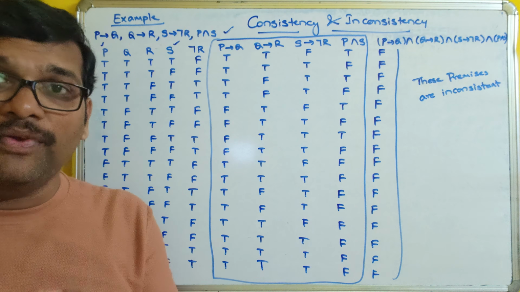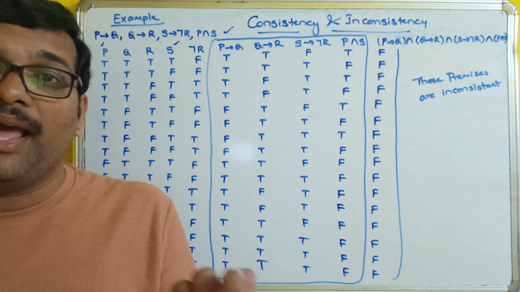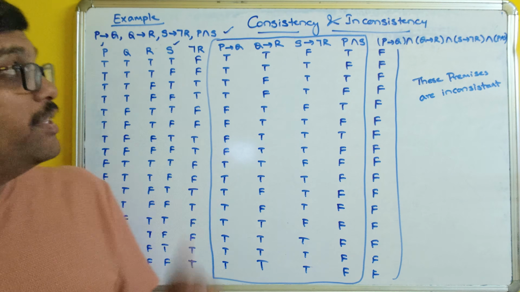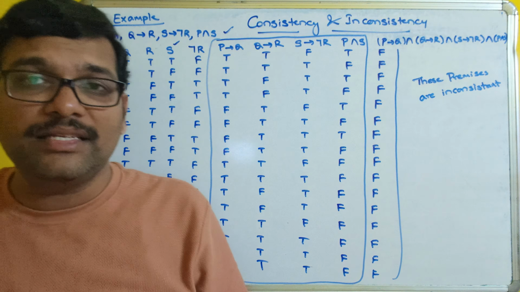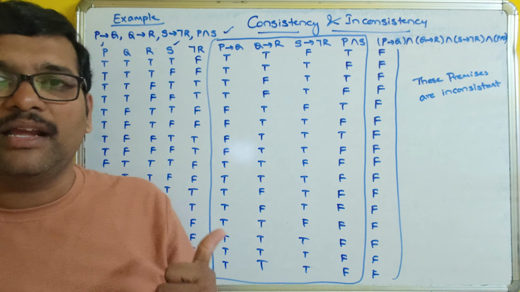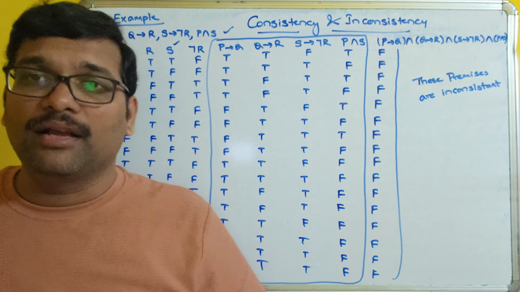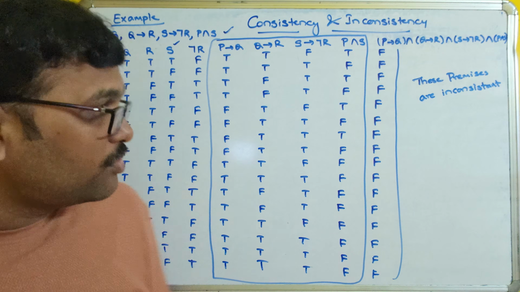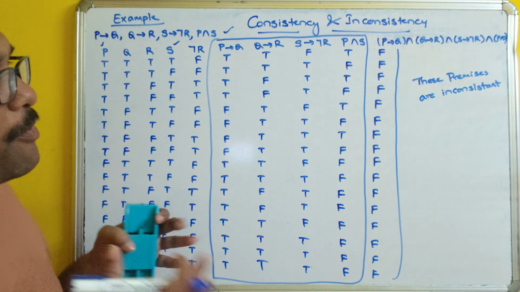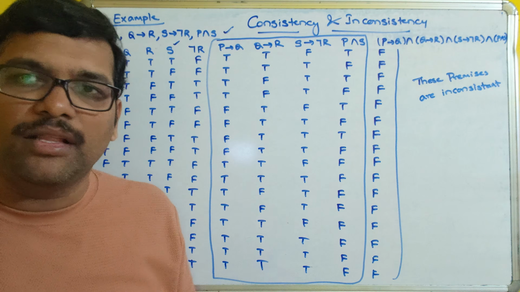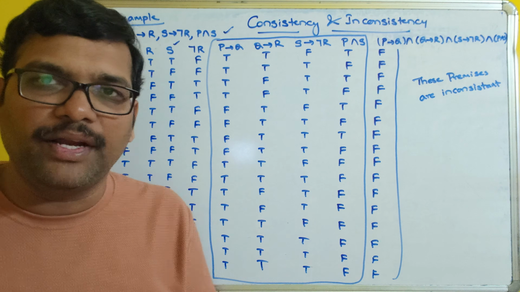This is one way to check whether a conclusion is valid or invalid. With the help of consistency and inconsistency of premises, we can decide whether the conclusion is valid or invalid. I hope you understood this approach. Just by constructing the truth tables we can find out.